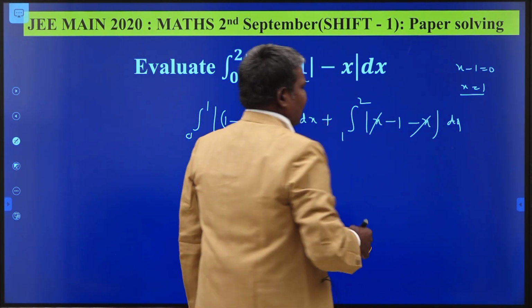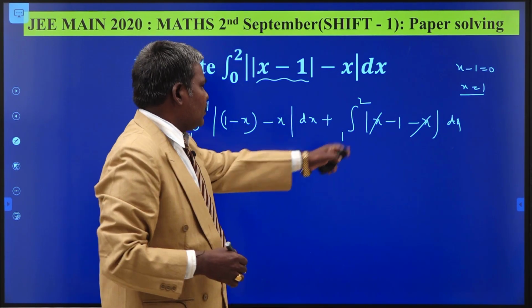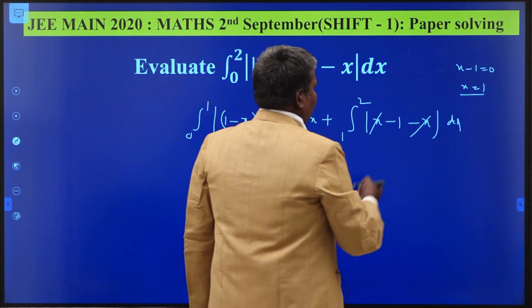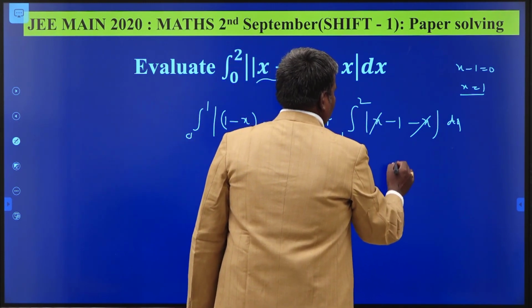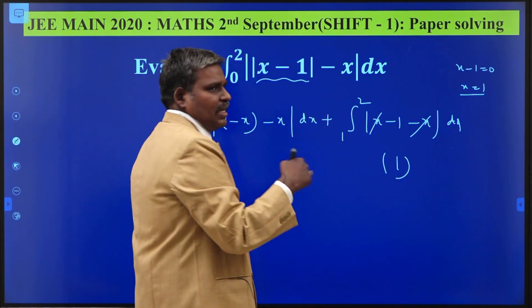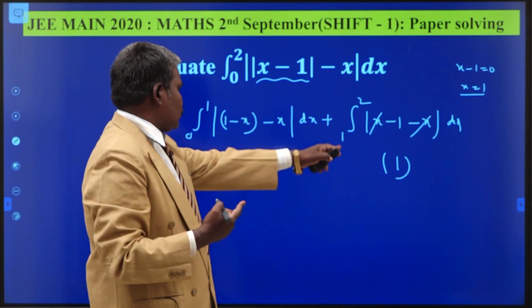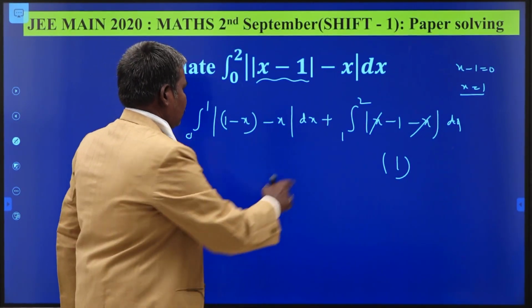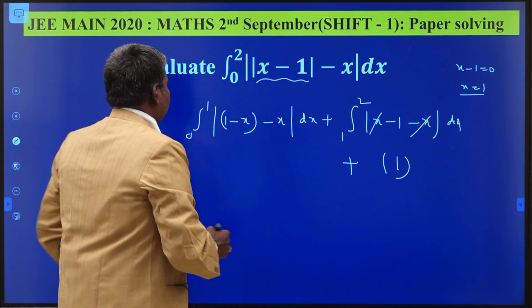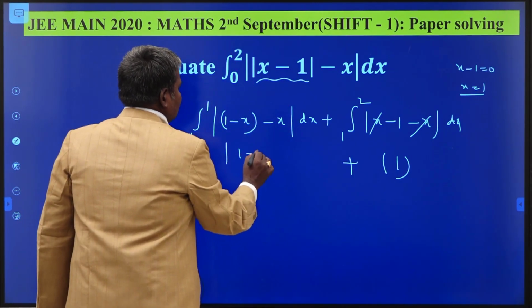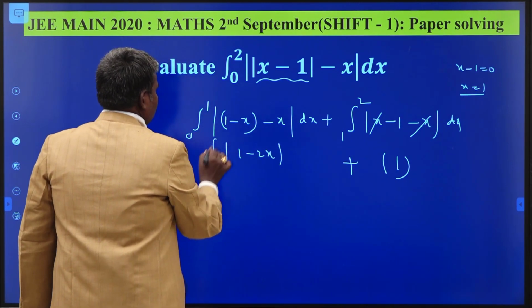So x and x get cancelled, that is minus 1. Modulus of minus 1 means 1. The integration of 1 is x. Applying limits 1 to 2, we obtain 1. That is 2 minus 1, which is 1. Up to here this value is 1 plus. Now this is modulus of 1 minus 2x, from 0 to 1.